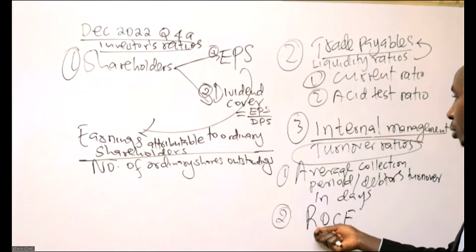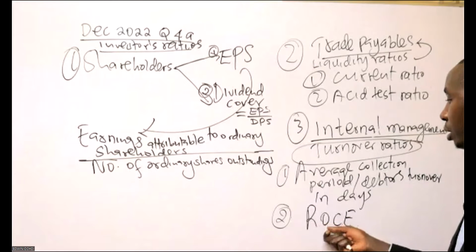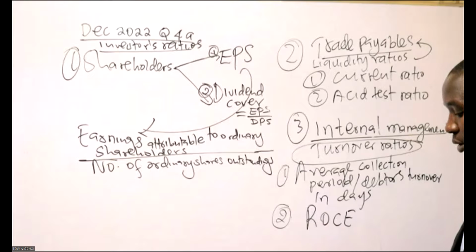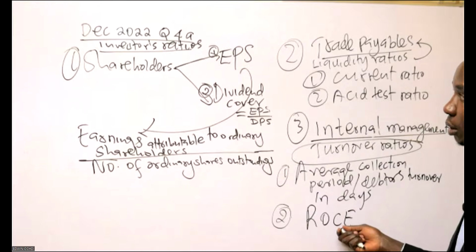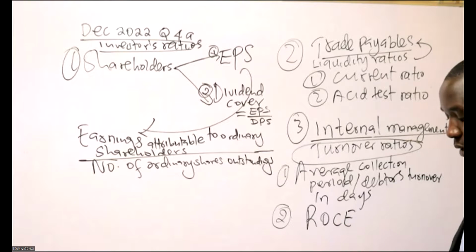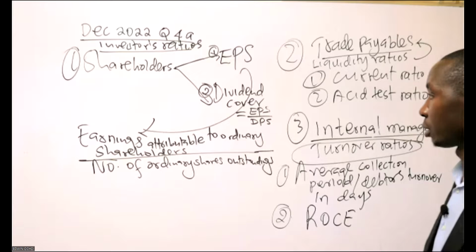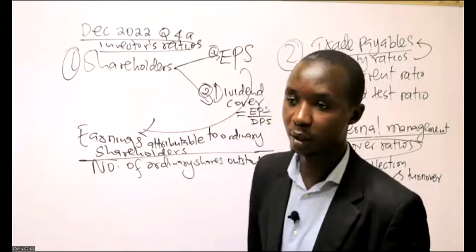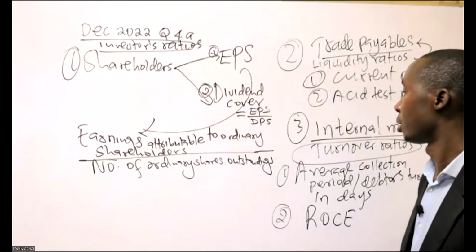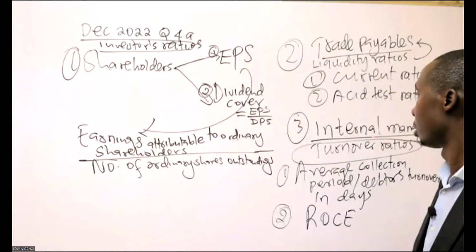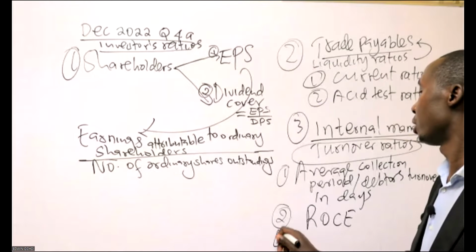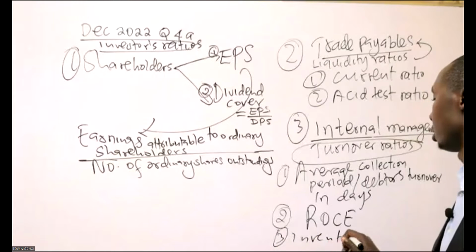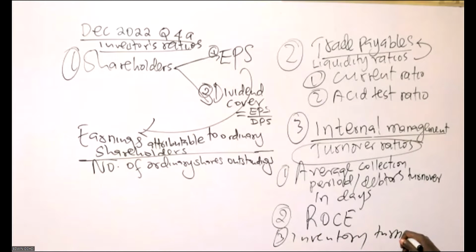So for the internal management we have to check on the return on capital employed. It can apply here. So you will be able to do that. You know the formula. Where does inventory turnover fall? Even you can add inventory turnover, but remember they needed just two. It's okay.